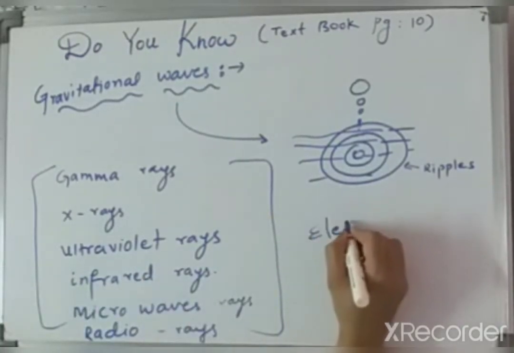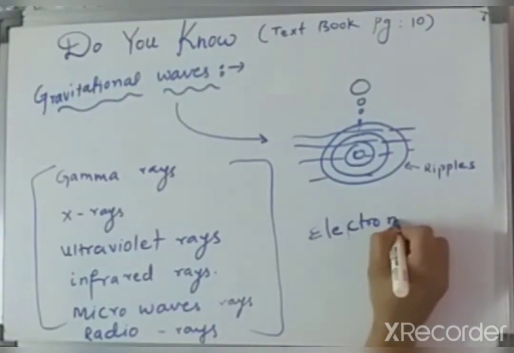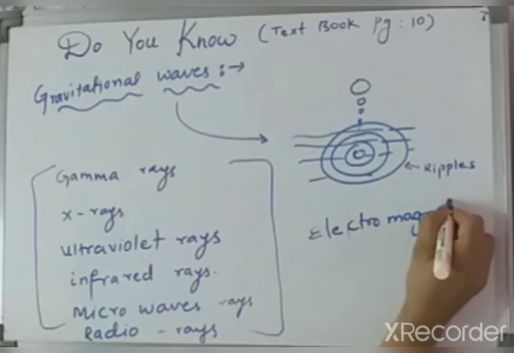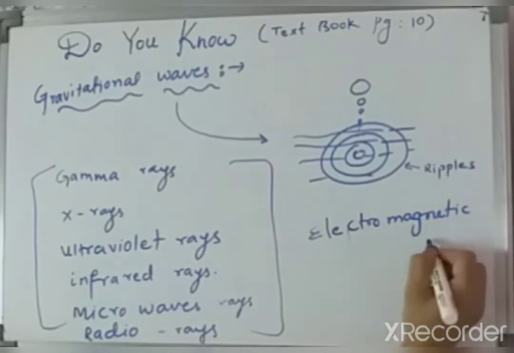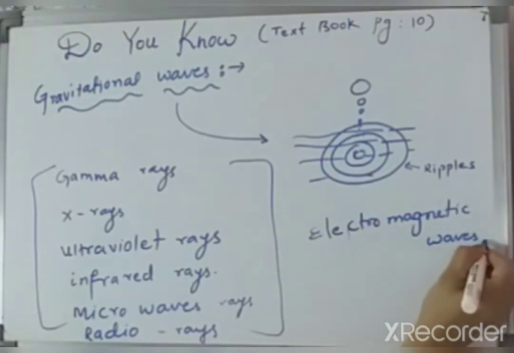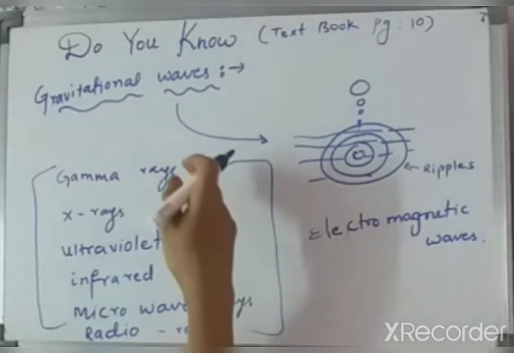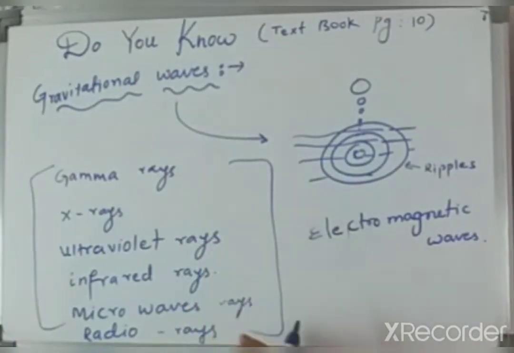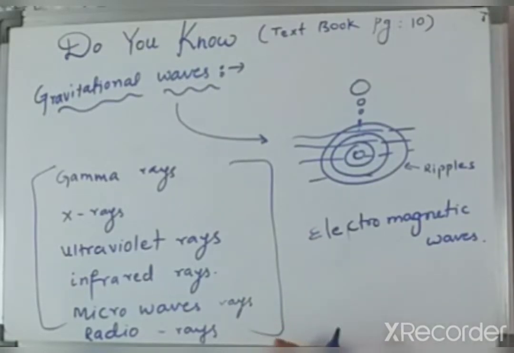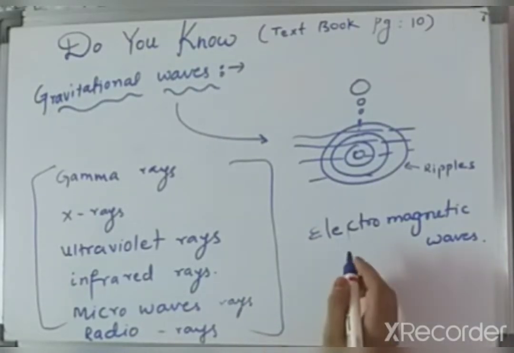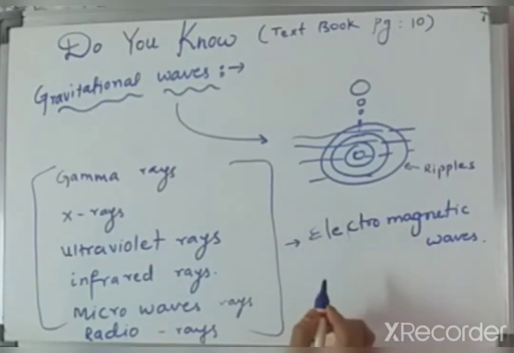These are electromagnetic waves, the same way as light rays, sound waves, as well as gamma rays, X-rays, ultraviolet rays, infrared rays, microwaves, radio waves, and all these types of electromagnetic waves.